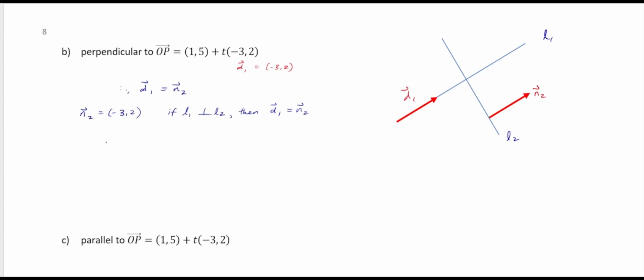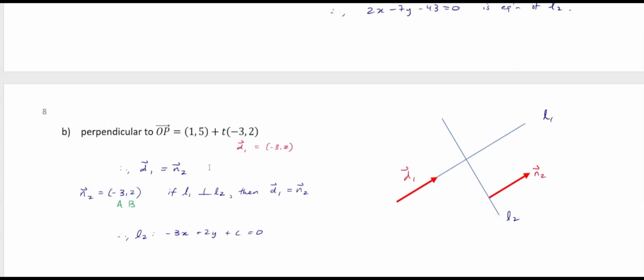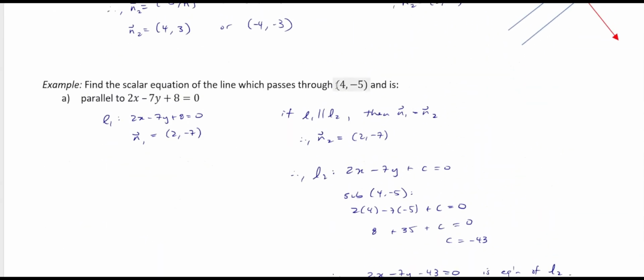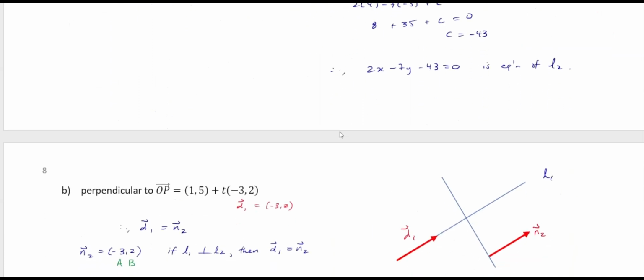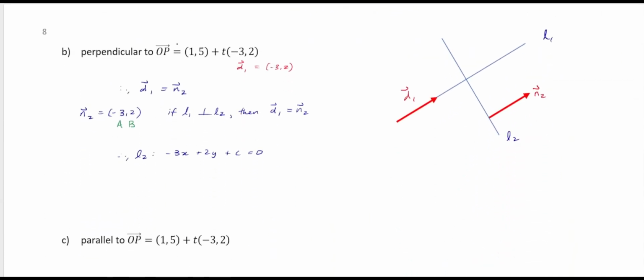So I have my A and my B, which I will use for the scalar form of line 2. So line 2 is equal to -3x plus 2y plus c is equal to 0. Recall that line 2 is perpendicular to this, so I have that information, but line 2 also passes through (4, -5). So I'm going to sub in (4, -5).